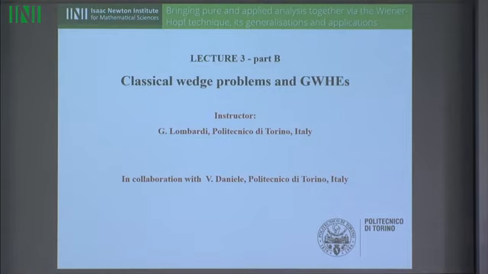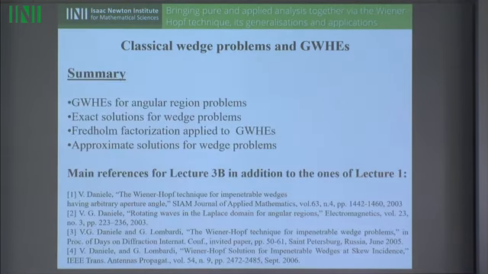Okay, so here I will present first closed form solutions and formulation in terms of generalized Wiener Hopf equations, and then I will show how to implement factorization of the first lectures in this kind of problems.